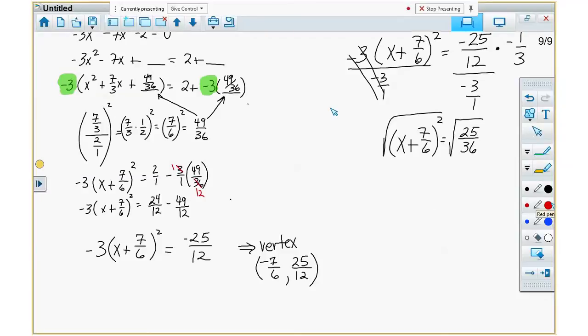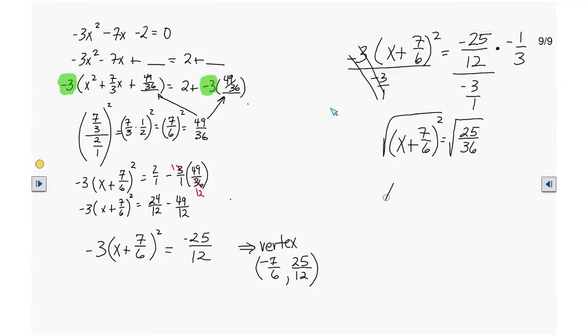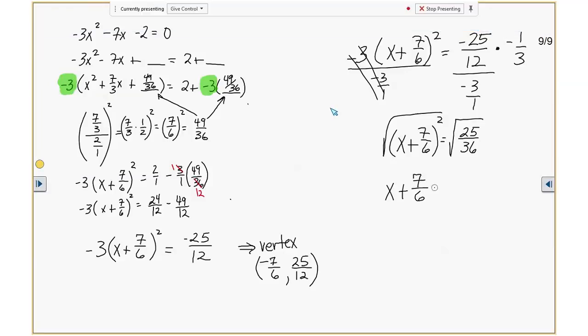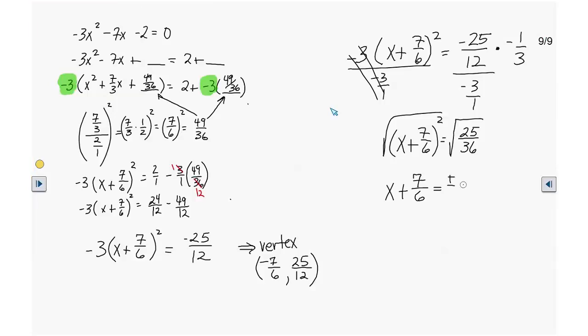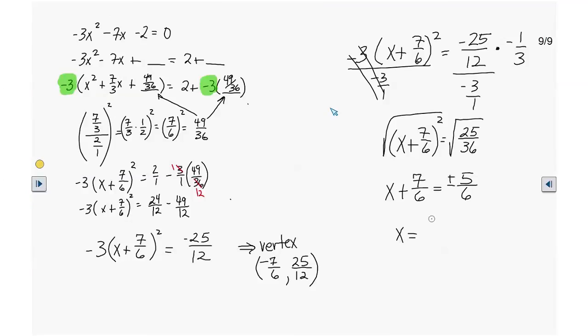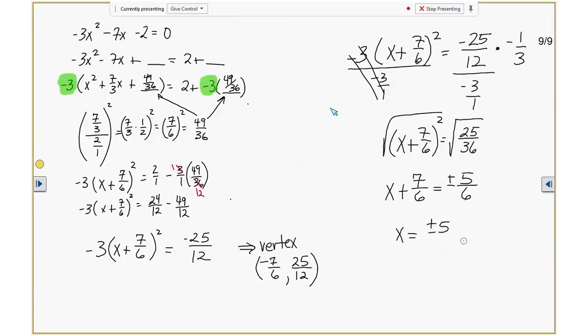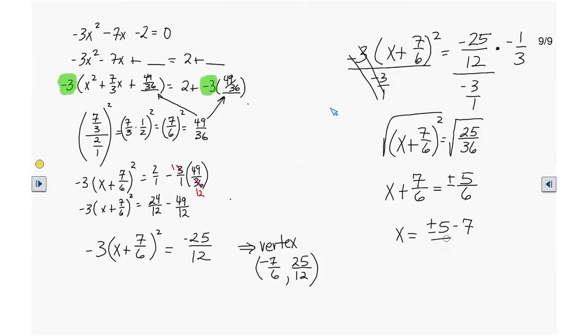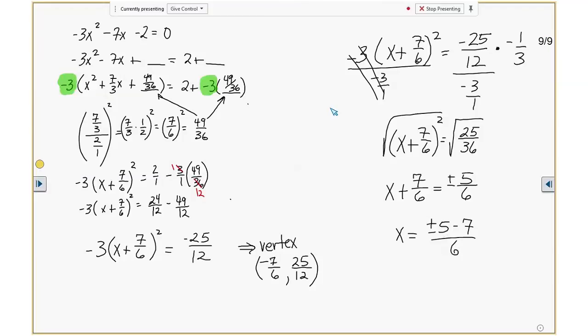You're forgiven. Alright, so x plus 7 over 6 is equal to positive or negative 5 what? X is equal to positive or negative 5 minus 7 over 6. That's the denominator.